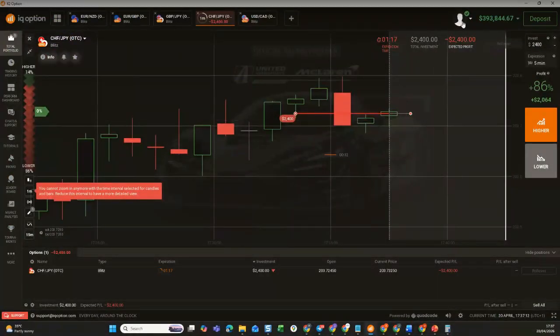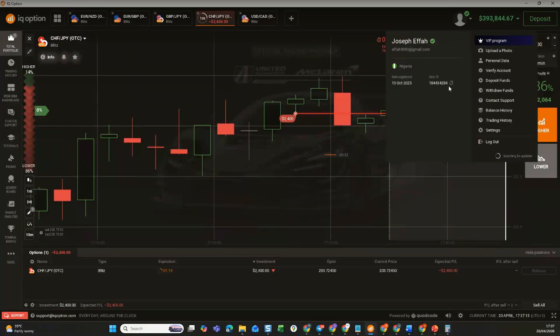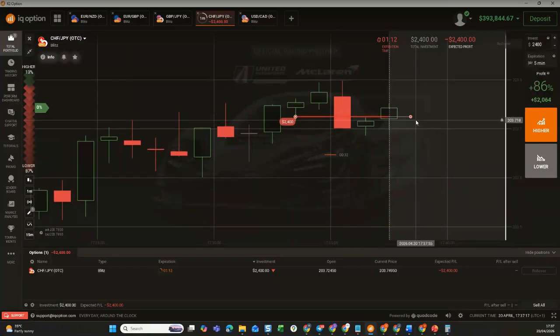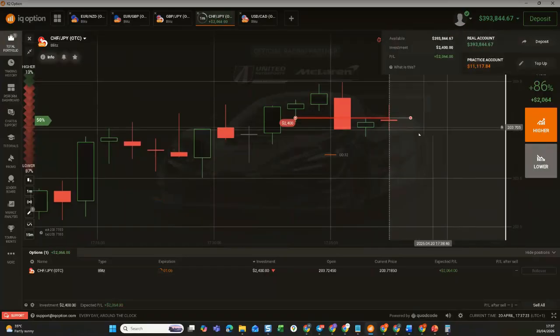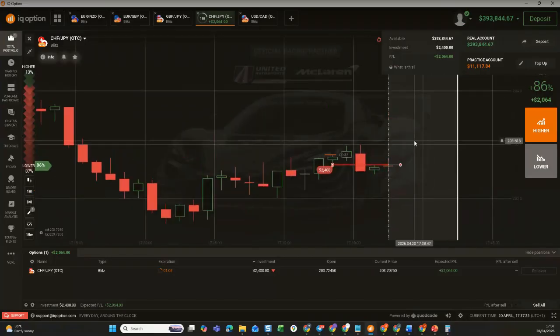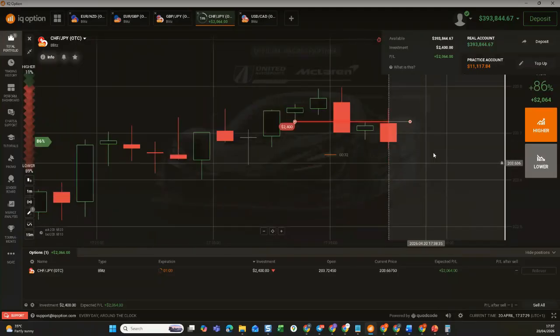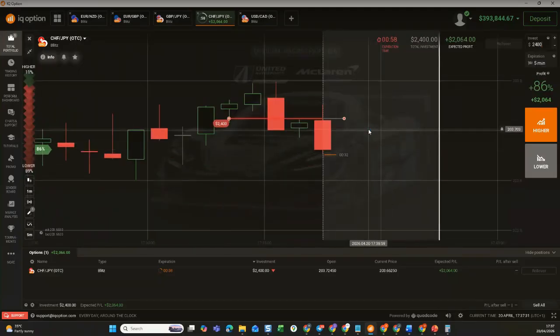You then go to your profile, you copy your user ID, you send that to me. Now, the third and final step is for you to fund your IQ Options account. And the moment you fund your IQ Options account, you would get a permanent access to the AI. So that's basically how it works.